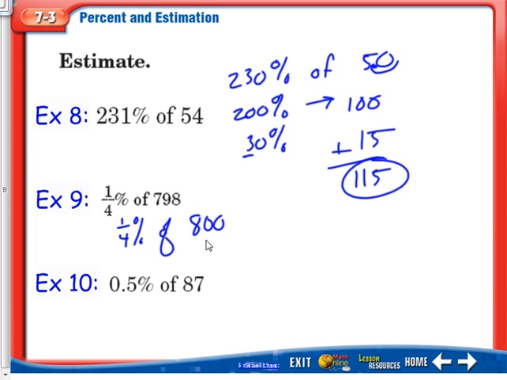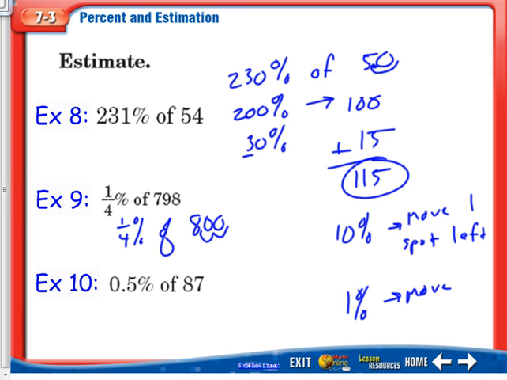So when you find 1%, you're going to move it 2 spots to the left. Okay, so I'm going to write that over here. I'm going to say 10%, move 1 spot left, and then 1%, you move 2 spots left. Alright, so 1% of 800 is 8, but we don't want 1%, we want 1/4 of 1%, so we got to do 8 divided by 4, which is about 2.